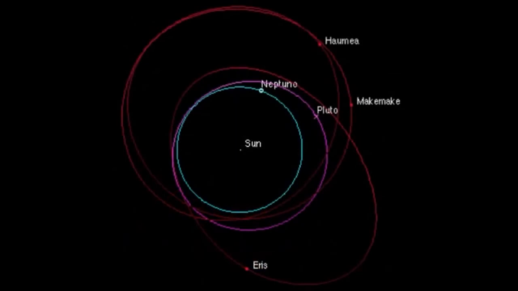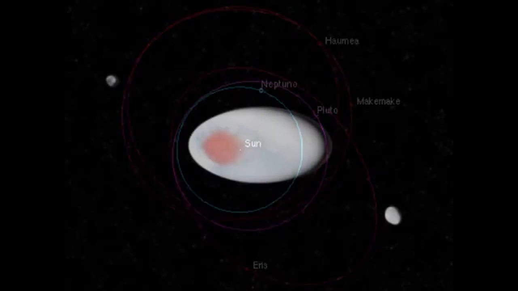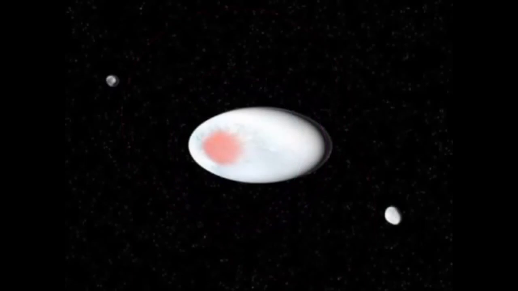Some conspiracy theorists have already suggested that this planet is in fact the homeworld of the reptilians, or, as some other conspiracy theorists have suggested, a giant UFO. Or it's Nibiru, or Planet X.